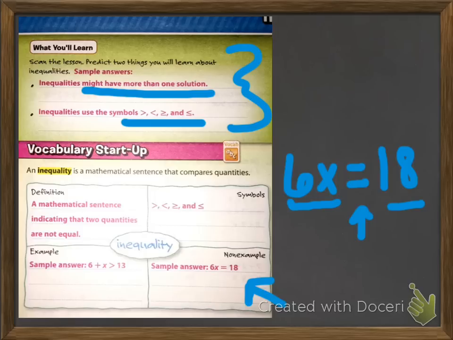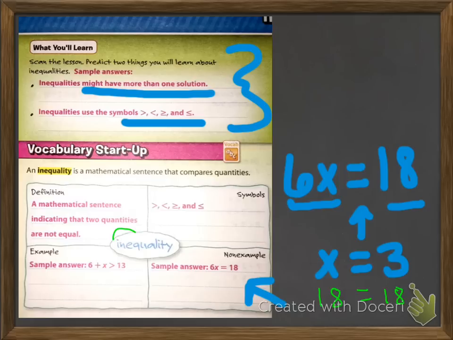When you work this out, we know that x is going to equal 3. So when I substitute 3 where x is, I end up getting 18 on the left side and 18 on the right side. That's what tells me that it's equal.